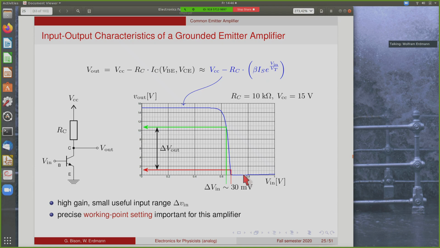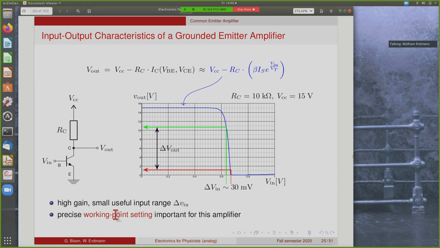And then if you go too high, it saturates the transistor. So the active region is here, and the useful range depends, of course, on your collector resistor value. But when you're here, you have a very high voltage gain, but only a small useful range. In this case, 30 millivolts or so, where you can use this high gain.